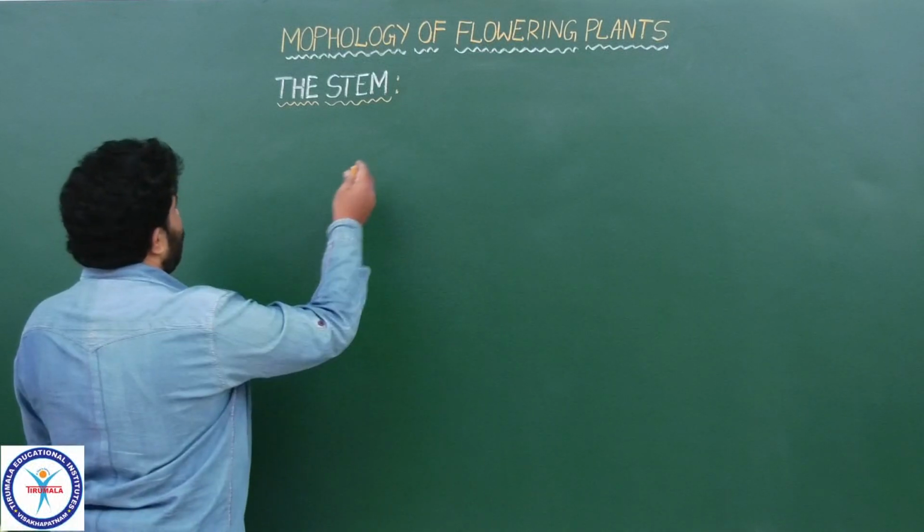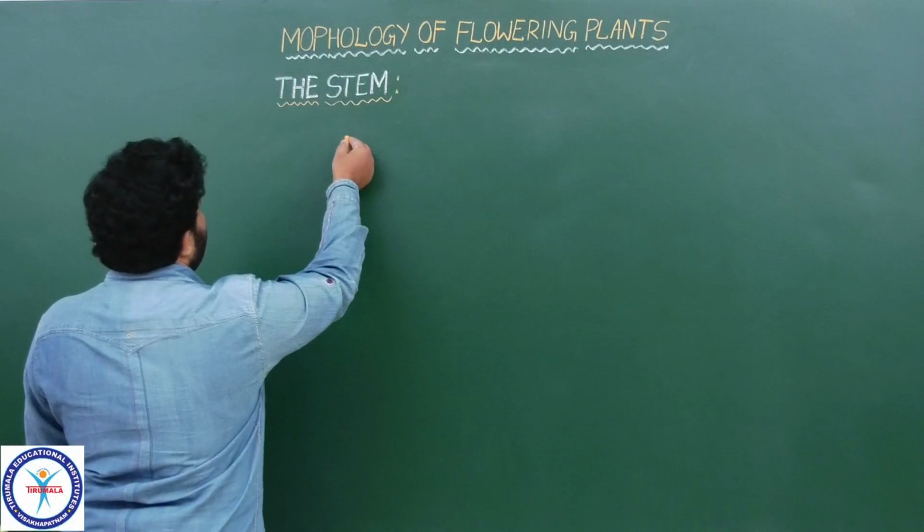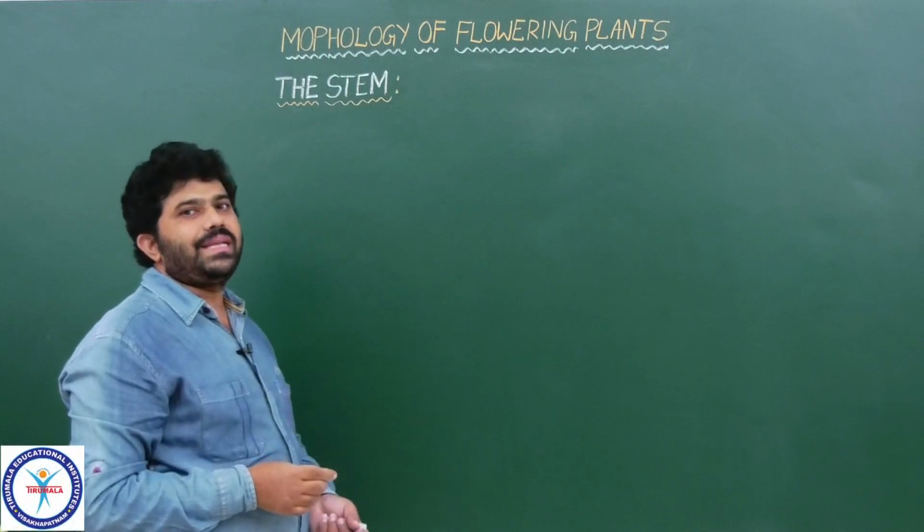So see here, first we said the stem is the ascending part of the plant axis.